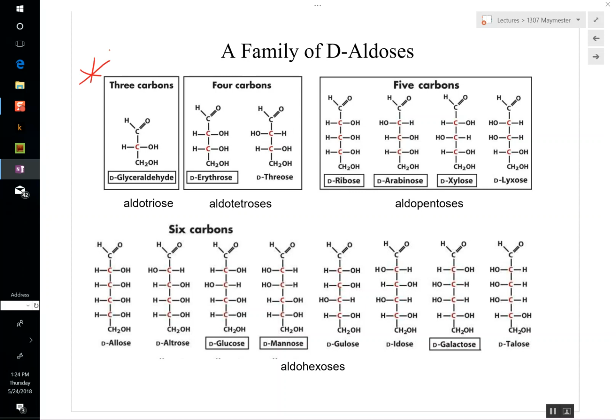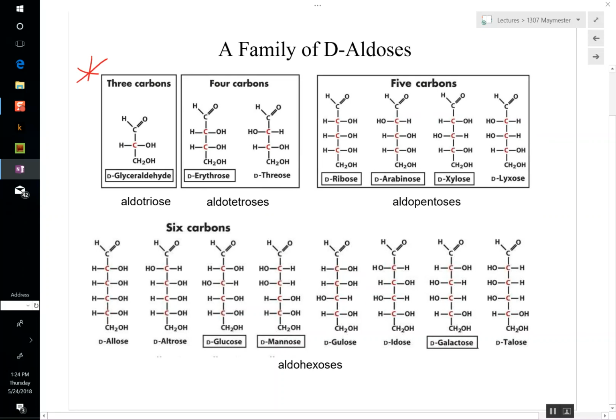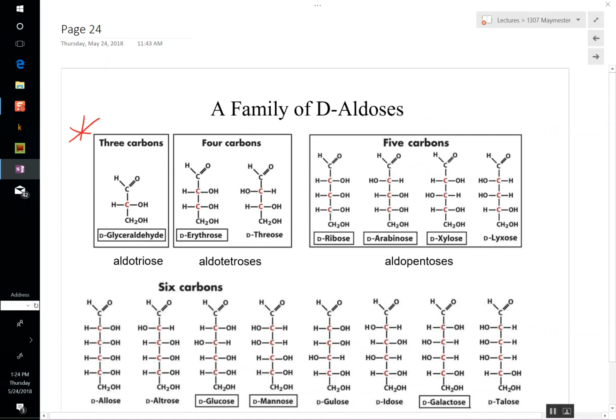You could either draw it like that, or you could just draw it like this. Those are both D-glyceraldehyde.